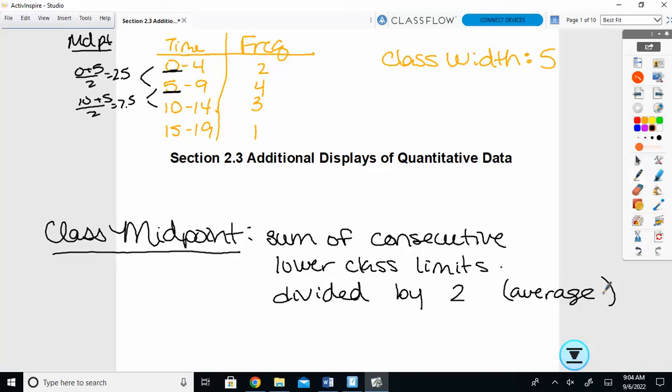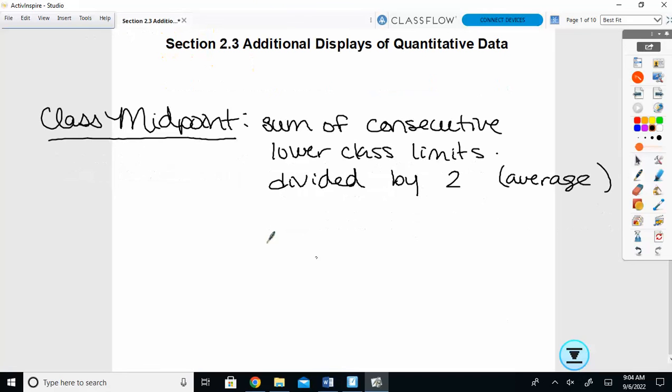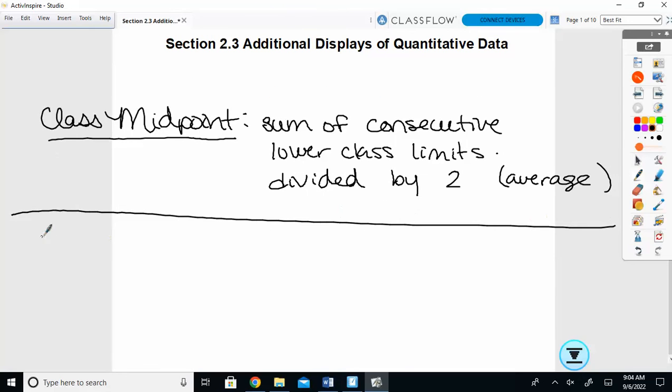So we use these sometimes when we are asked to make what's called a frequency polygon. And so a frequency polygon is kind of like a line graph. We will use Google Sheets for this.